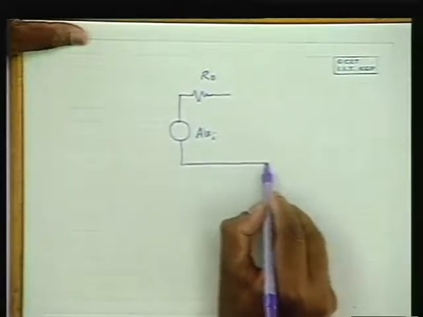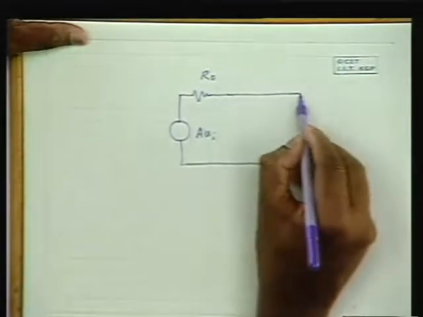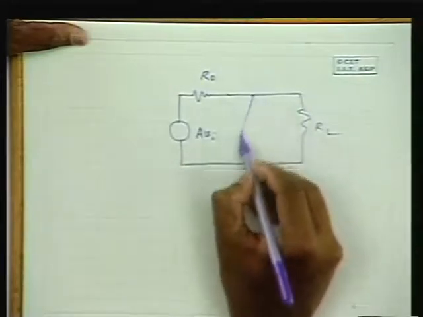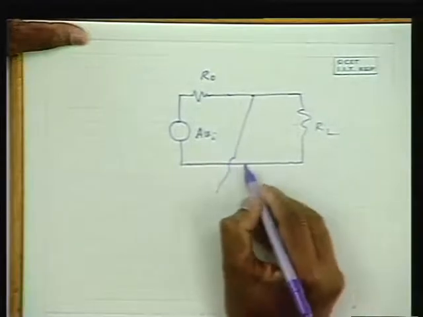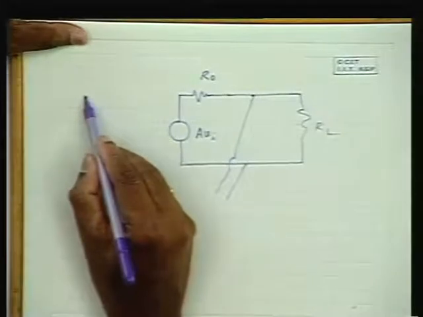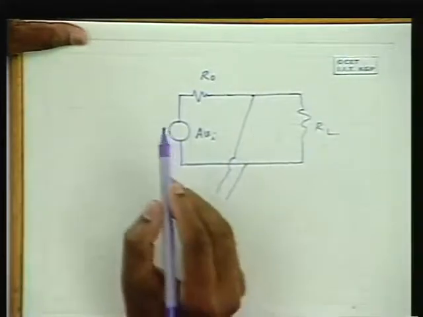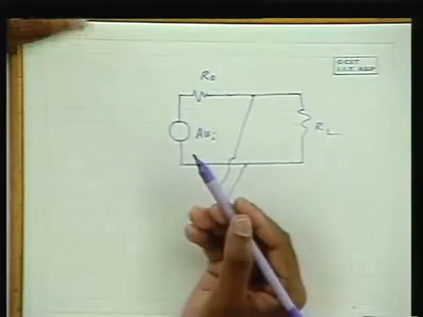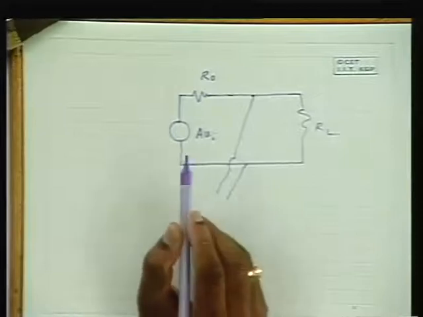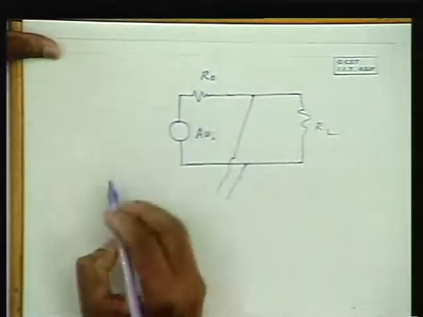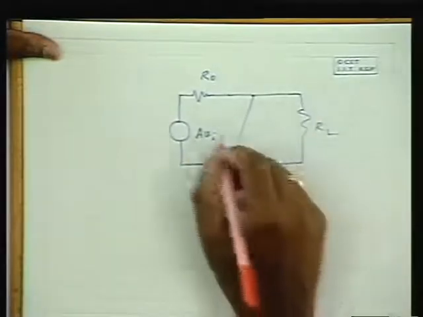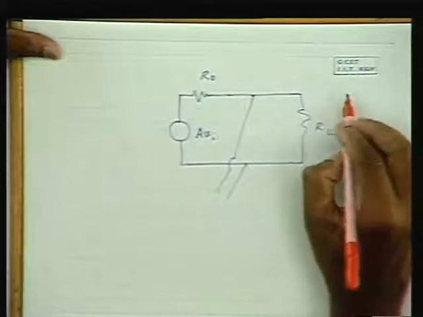And now this is connected to the load resistance RL, and we take the signal like this. And on the input side, we apply the signal either in series or in shunt. Now, since we are interested in the output side, let us concentrate on the output side here.